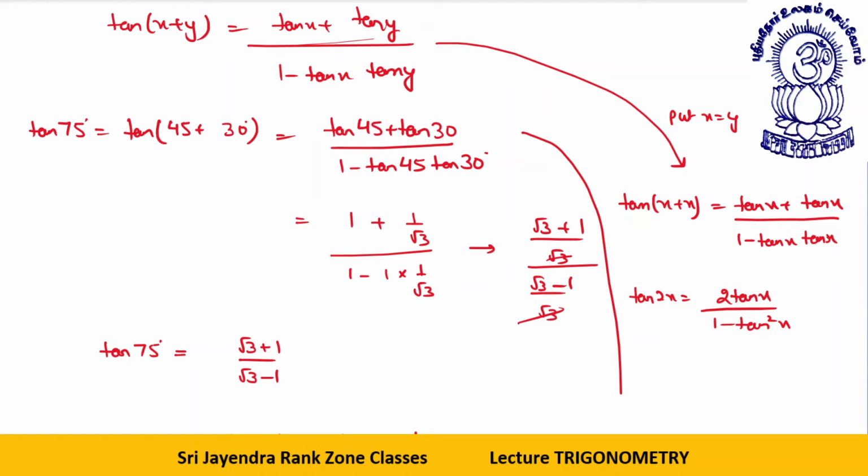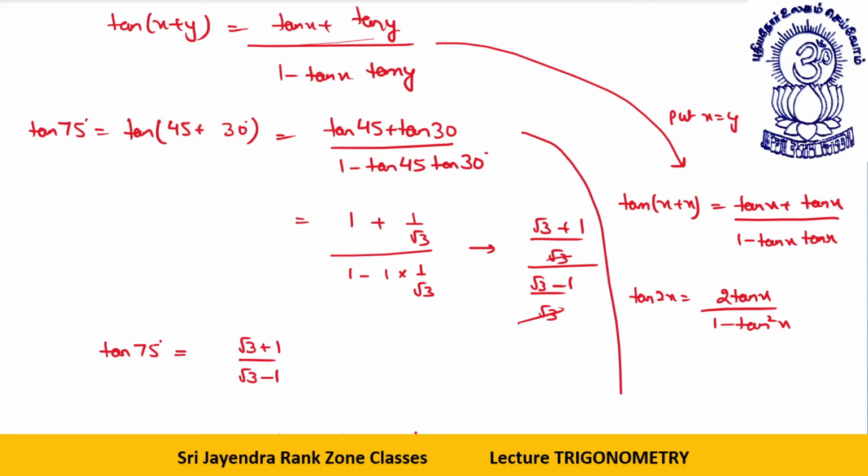This 2 comes over here, this becomes 4. This is like root 3 by 2. Okay, I'll still write it in detail. Root 3 by 2 cos 20 minus 1 by 2 sin 20, divided by, this 2 has already gone there, 2 sin 20 cos 20.